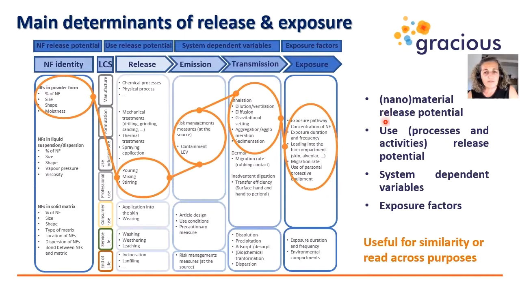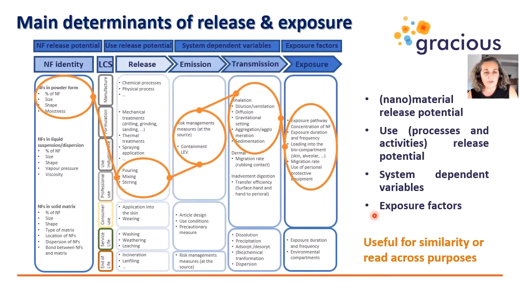And those determinants are mainly related to nanomaterial characteristics, the process characteristics, and also if there are any system dependent variables, which means if we have risk management measures in place, the emissions will be reduced, and then there will be some calculations needed to come up with the real exposure factors that we have to consider for the concentrations and identification of the release materials.